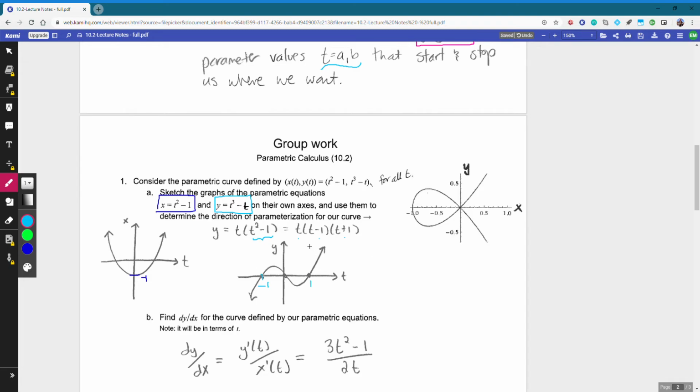And so looking at these, kind of feeling out what's going on with our x and y coordinate of our particle, I think the cleanest way to see how we're moving here is by looking at our y graph. Right? When t is negative, our y coordinate is negative as well.